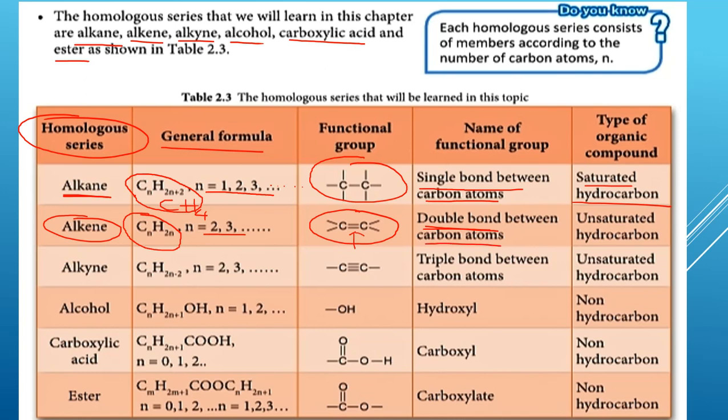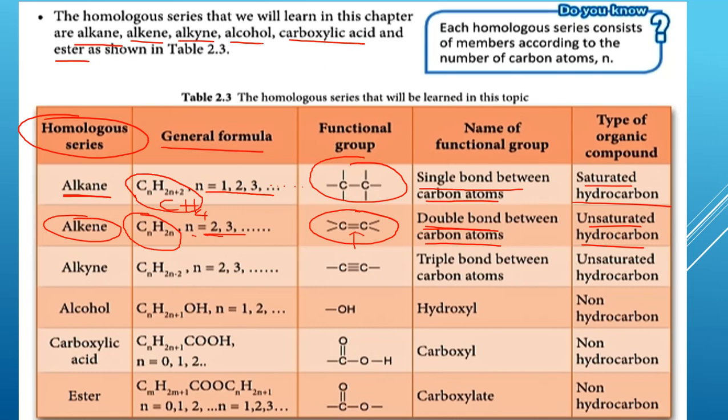The type of organic compound is unsaturated hydrocarbon sebab dia ada double bond between the carbon atoms. That's why n starts with 2, sebab dia tidak boleh n equal to 1 because dia perlu ada double bond di antara karbon dengan karbon, so at least dia ada paling kurang 2 karbon.